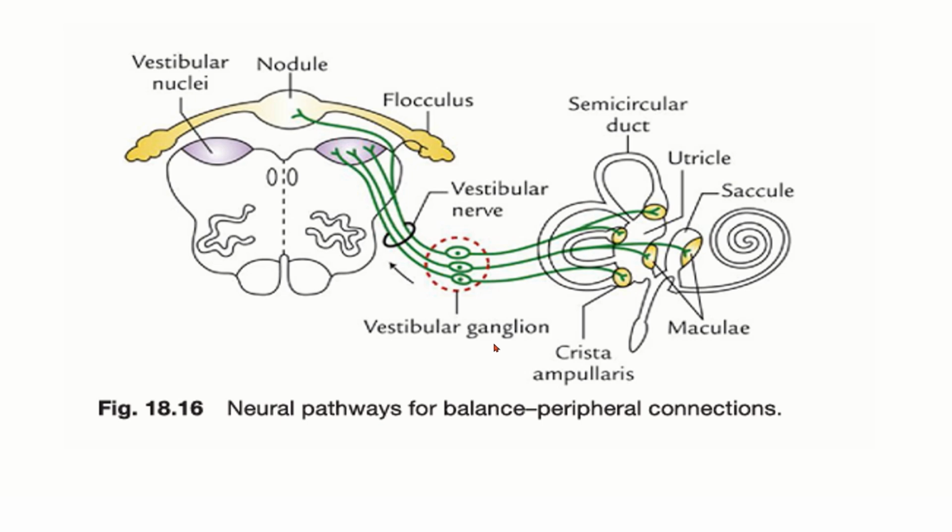You can see here the utricle and saccule are having the macula. The semicircular canals are having the crista ampullaris. From all these you can see the dendrites are carrying the impulse towards the vestibular ganglion neurons, and from there you can see the axons taking the impulse towards the vestibular nuclei.